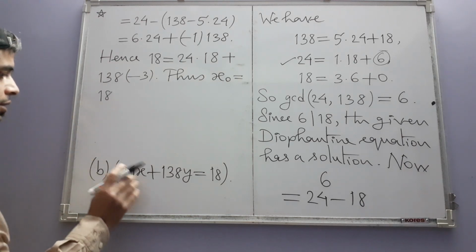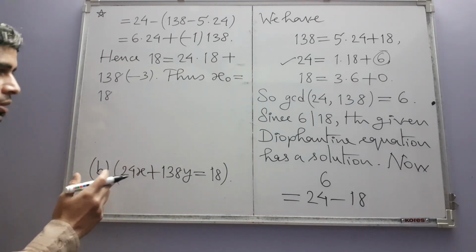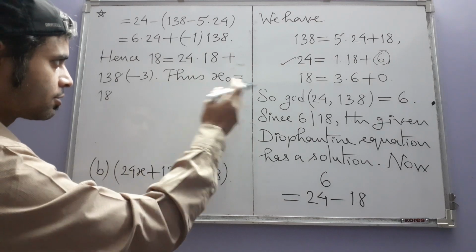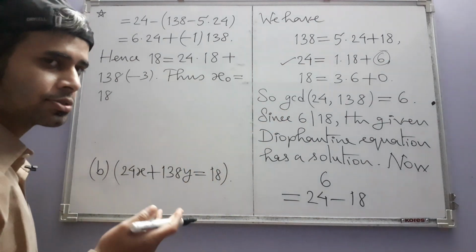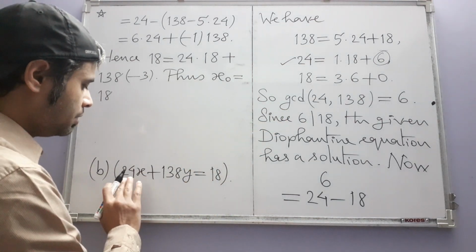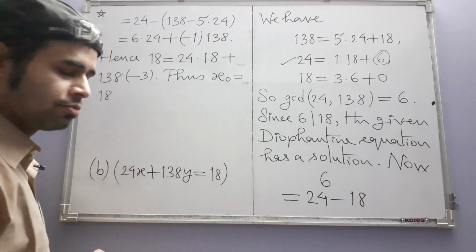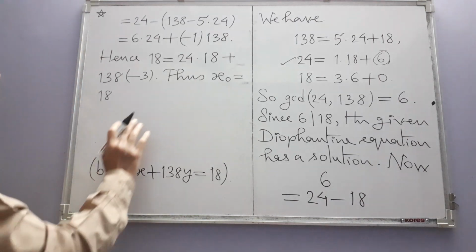If we have the equation in front of us, then it's rather easy to recognize what is x naught, what is y naught, what is a and what is b. Otherwise we may really get confused with these values.